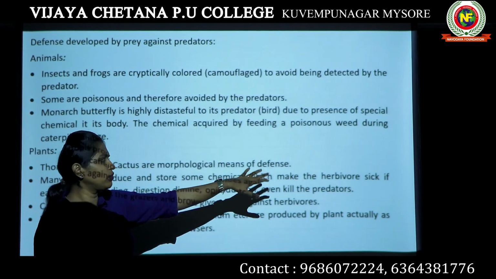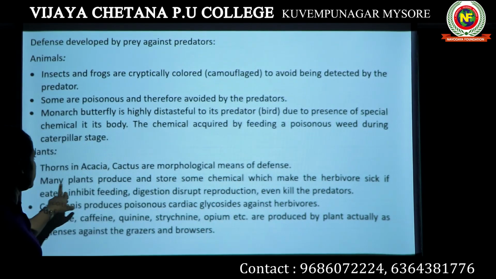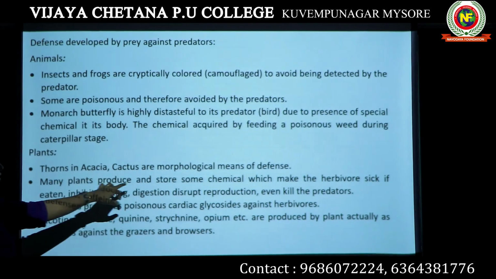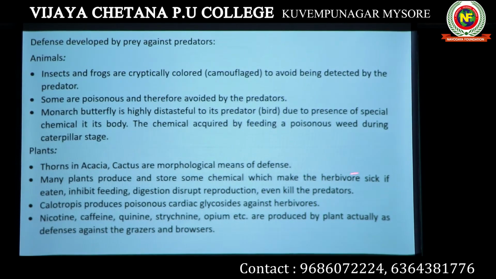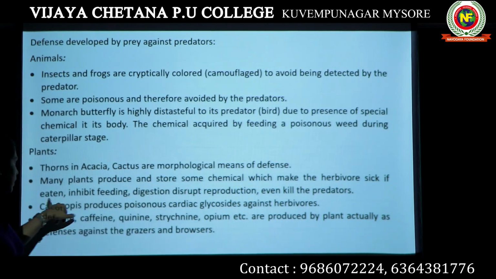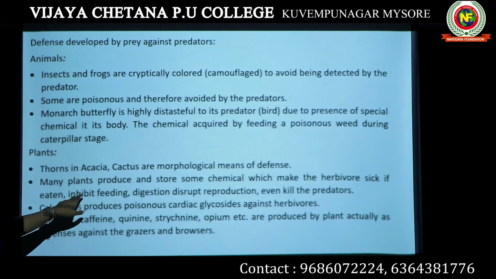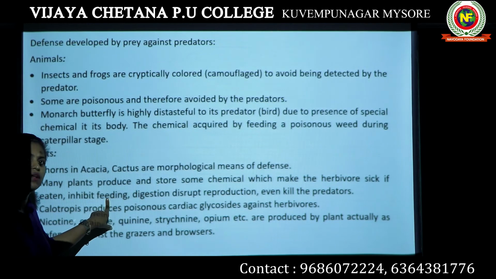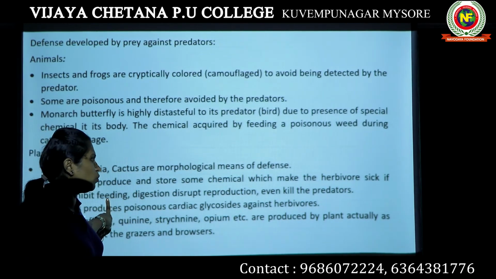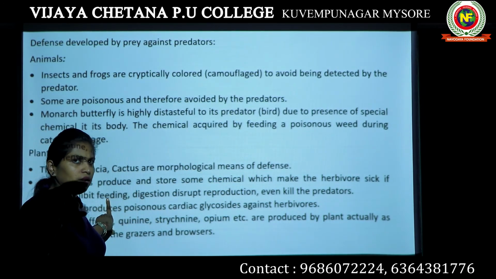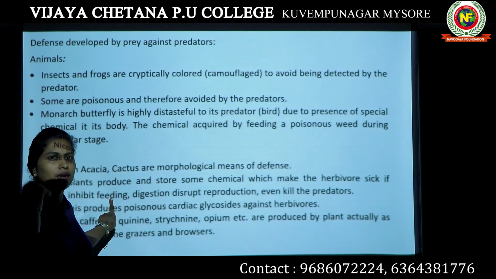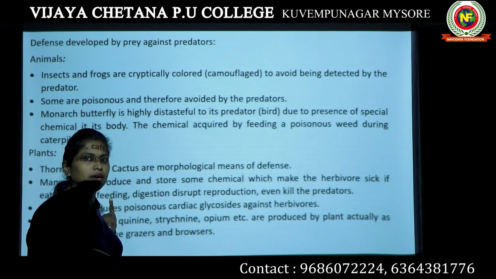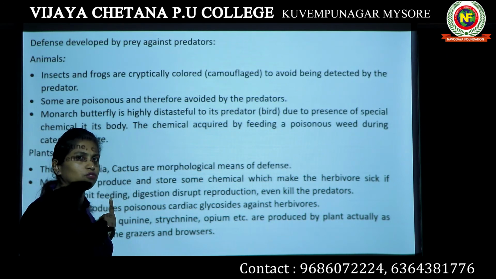So these herbivores will become sick if they eat these plants because they have certain chemicals in their body. It will make the herbivore sick if eaten, or it will inhibit feeding. Once the herbivore has eaten this plant, it will not come back to the same plant again, because it knows the plant is storing some chemical.